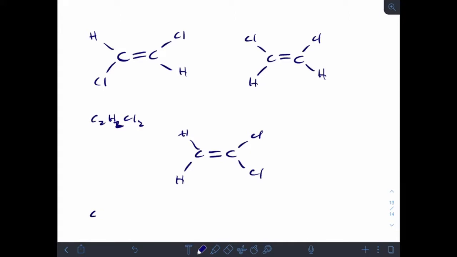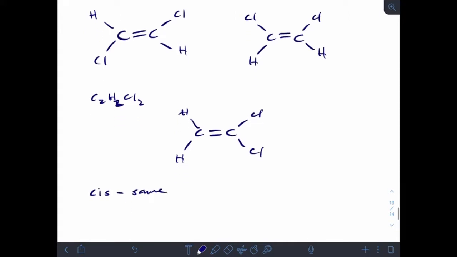One is cis, and that means same. Okay, the other is trans, which means different.